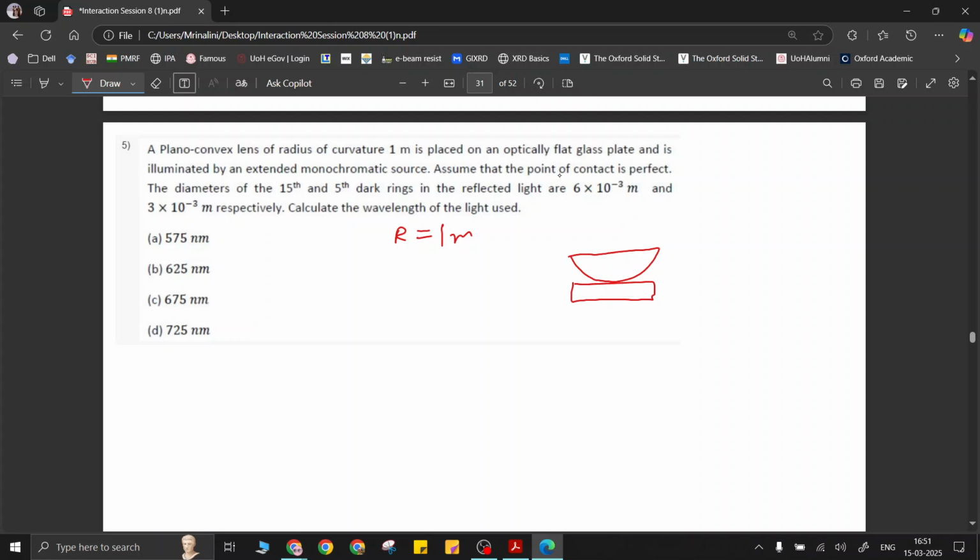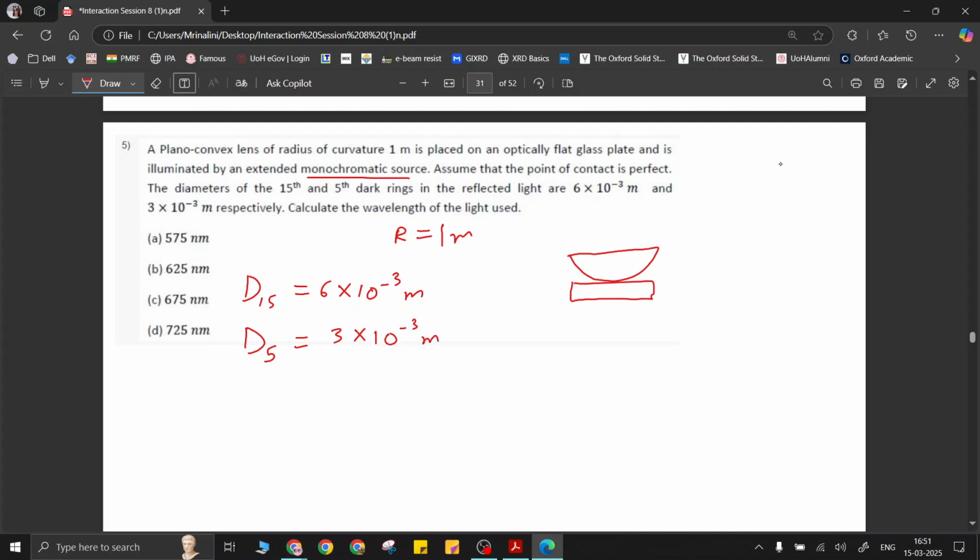It is illuminated by an extended monochromatic source. Assume that the point of contact is perfect. Diameters of 15th and 5th dark ring in the reflected light: the diameter of the 15th dark ring is 6 times 10 to the power minus 3 meters, and the diameter of the 5th dark ring is 3 times 10 to the power minus 3 meters.